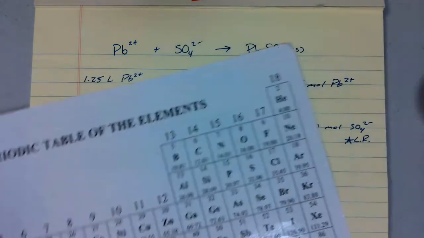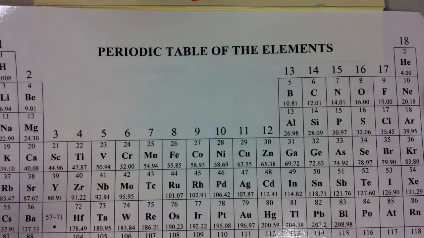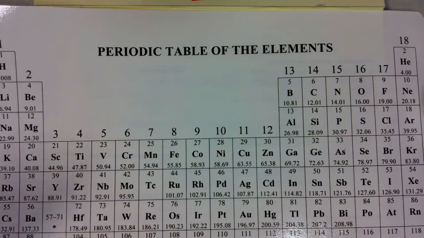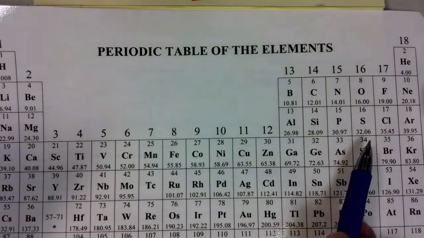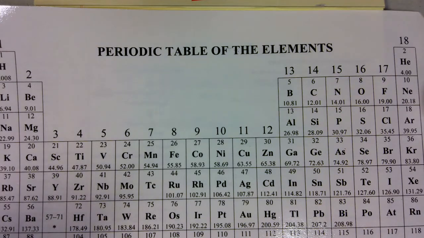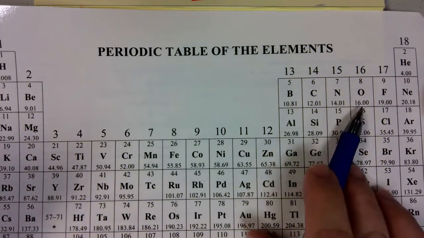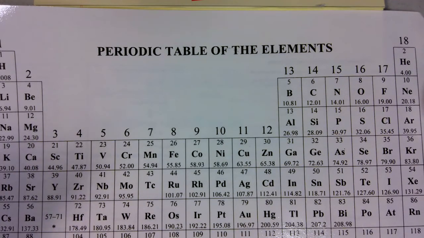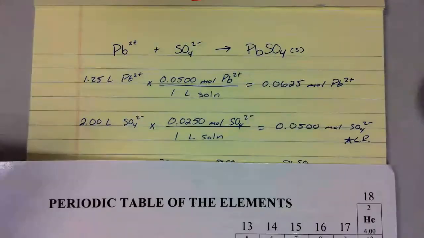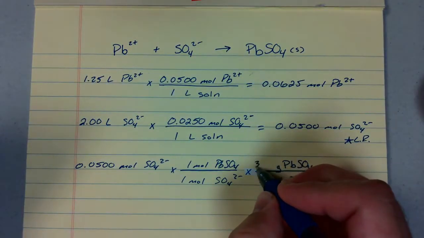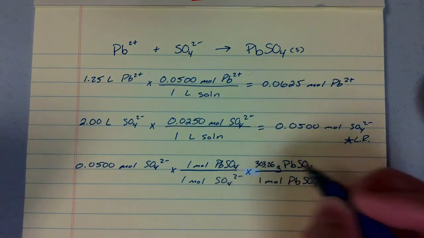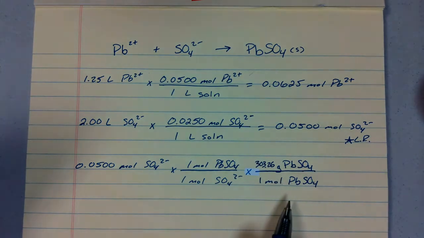So, looking at my periodic table here, lead is 207.2, sulfur is 32.06. There are 4 oxygens at 16 apiece, so I'm getting 303.26 grams of lead 2 sulfate for every mole of lead 2 sulfate.